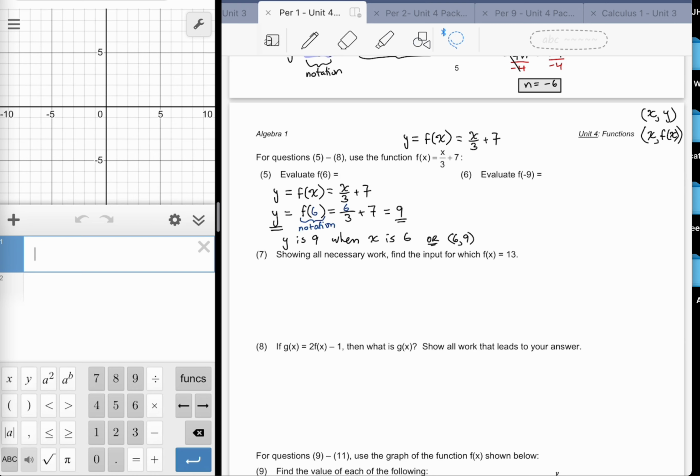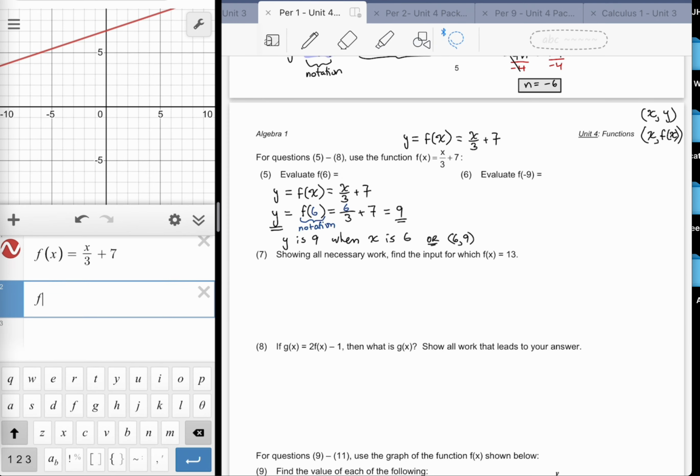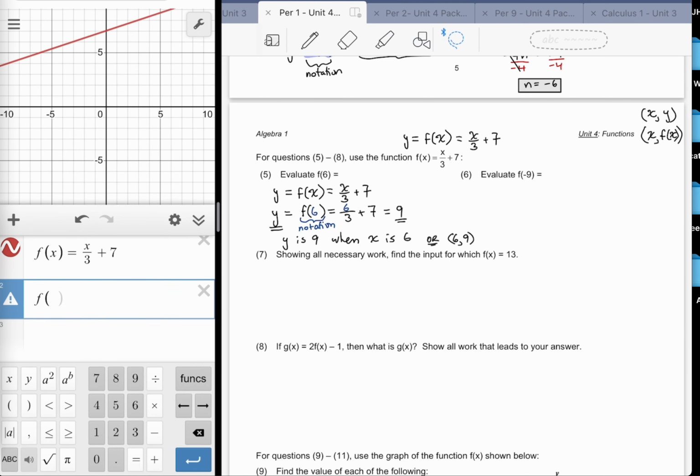Now on Desmos, that's the beautiful thing, and why we like Desmos. You type in your original function, and then you type in the expression that you're looking to evaluate.